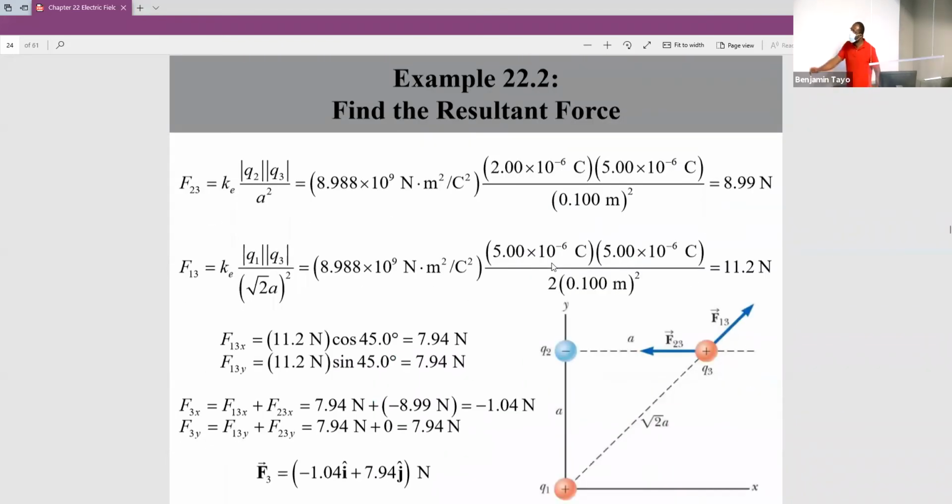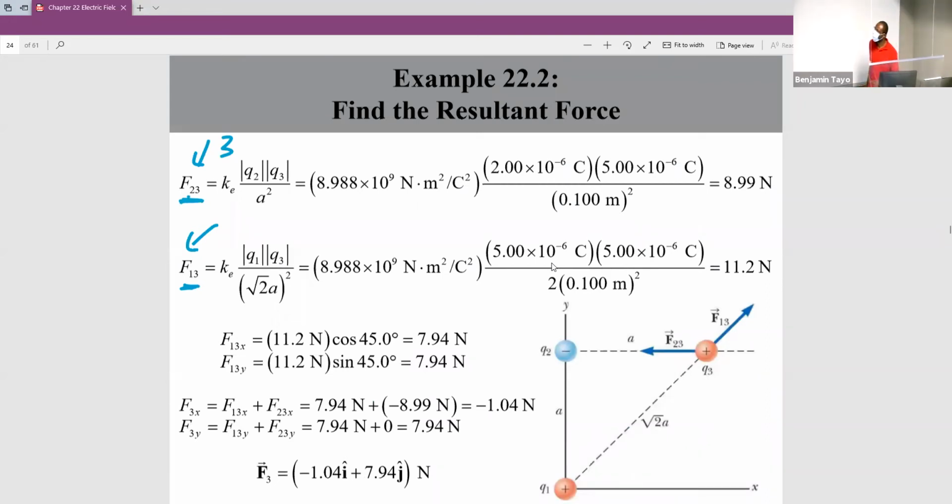In the next slide, we're just plugging in the numbers. In this example, F23 is the force on charge 3 due to charge 2, and this is F13, from Q1.